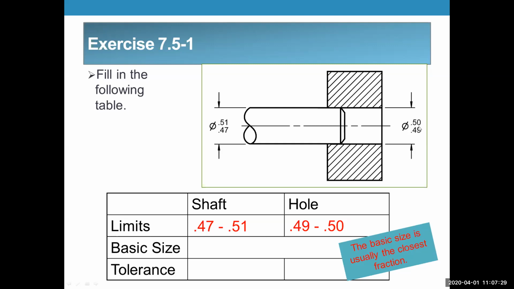Well, if he had been shooting for the 4.9, he might have still made the 5.0, you know, with a bad tool bit. So my opinion is that the hole limits, when you're showing them as limits, the small number should be on top and the larger number should be on the bottom. And for shafts, the larger number should be on top and the smaller number should be on the bottom. And it all has to do with maximum material.